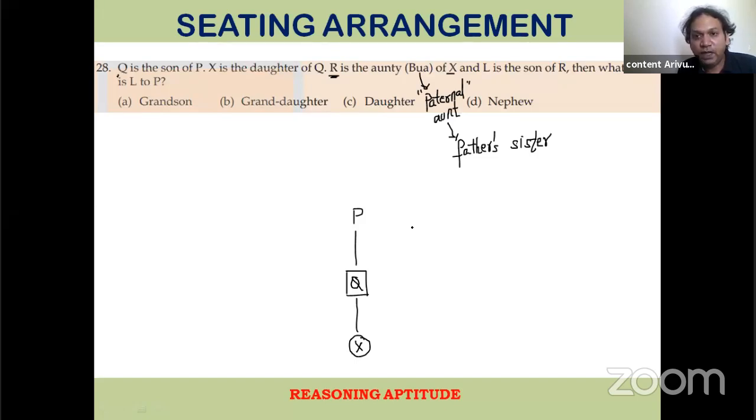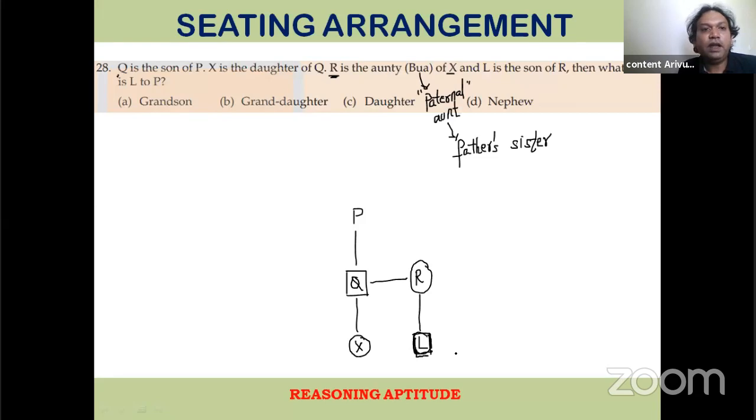Okay, so R is the auntie, Bua. Bua means paternal aunt. Paternal aunt means father's sister. So R is the sister of X's father. So here we'll get R. R is the paternal aunt of X, and L is the son of R. L is the son of R. Son, so square, not circle.